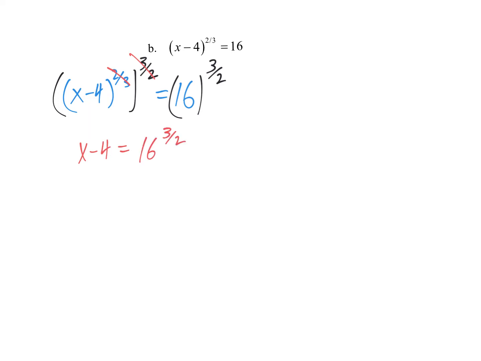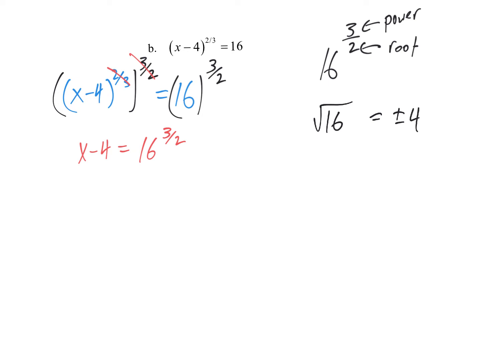Now remember, when we do 16 to the 3 over 2, the 3 on the top is going to be a power, and we can think of the 2 at the bottom as being a root. Well, if we take this one piece at a time, let's look at what the square root of 16 is, and you should be able to tell me that that is definitely plus or minus 4. And when we bring along this exponent, that cube, this doesn't really change anything except saying that it is the cube of plus or minus 4.